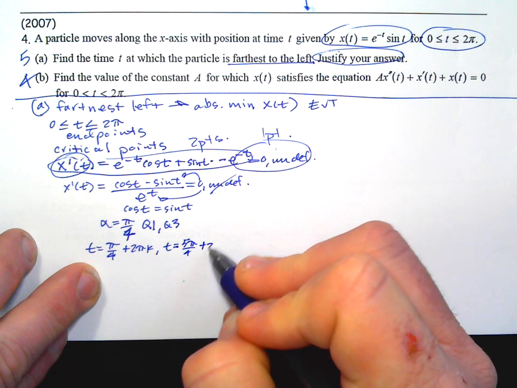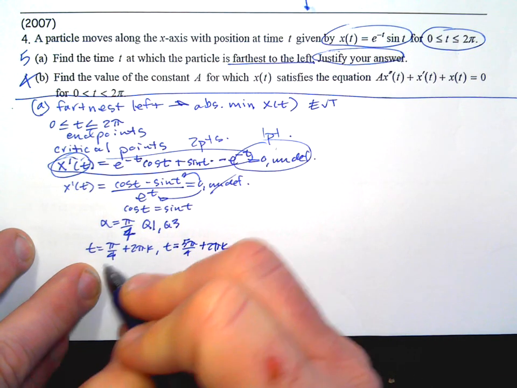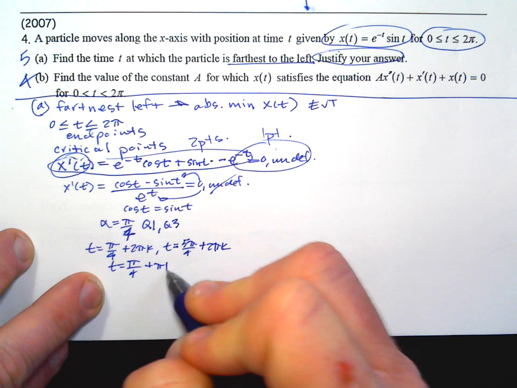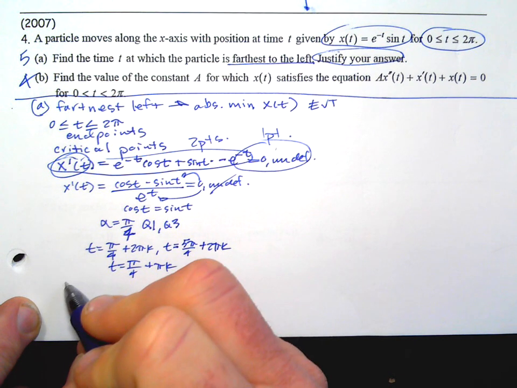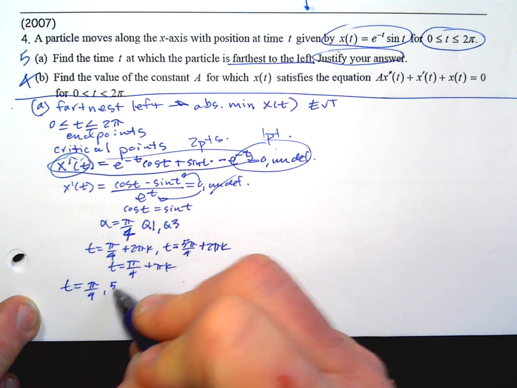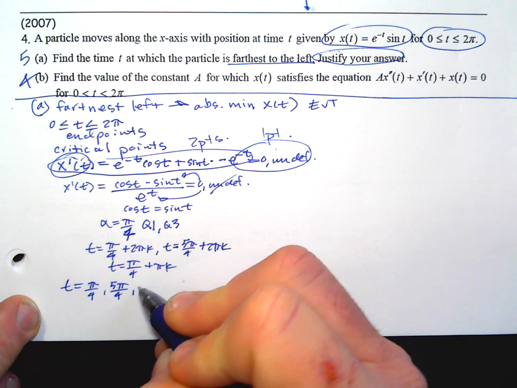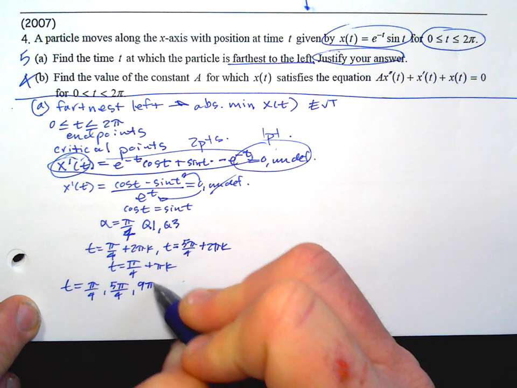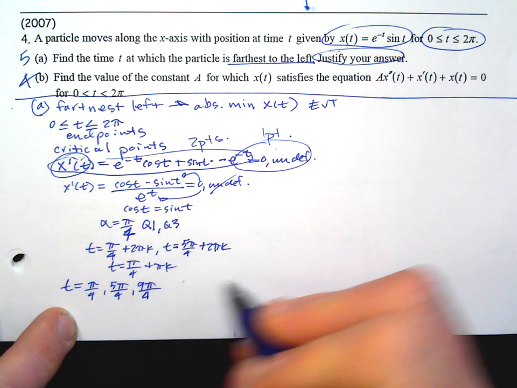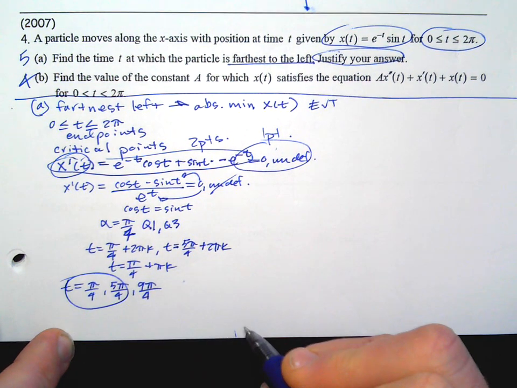Plus 2 pi k. We could just write pi over 4 plus pi k for all of them. It doesn't really matter. But that's just something that you could do. So pi over 4, 5 pi over 4. Next one would be 9 pi over 4. You could go negative 3 pi over 4. We want all of them between 0 and 2 pi, so that's these ones.